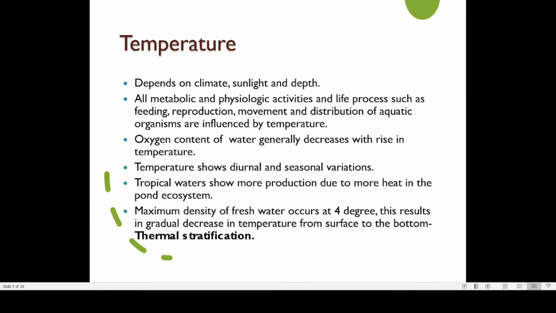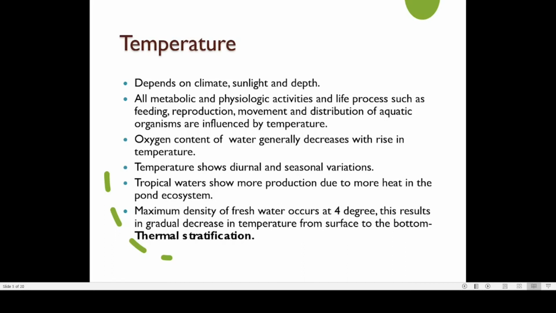The third point: the oxygen content of water generally decreases with the rise in temperature. That is, if you take warm water, hot water and cold water, there will be more oxygen in the cold water compared to the warm water. So it has some importance in aquaculture. Warm water carries less oxygen.